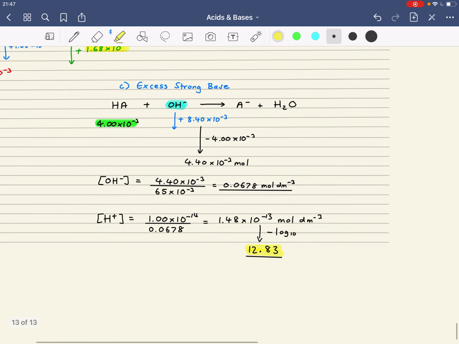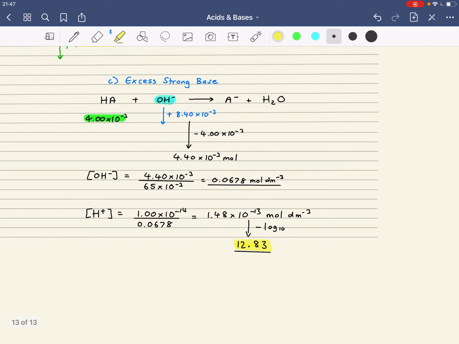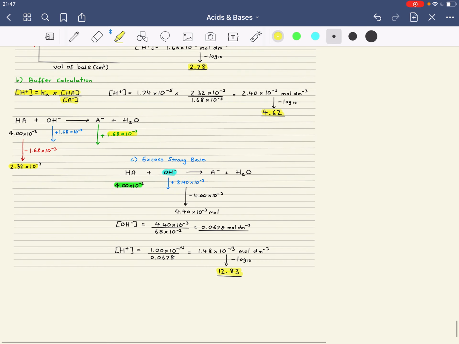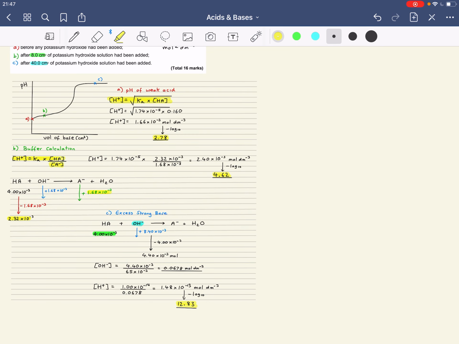And then the third one is just simply when we've got an excess of strong base. So it's very similar to a strong acid plus strong base calculation where we've got an excess of strong base. So there are my 3 different pH values that match the 3 different pH values there on this graph.